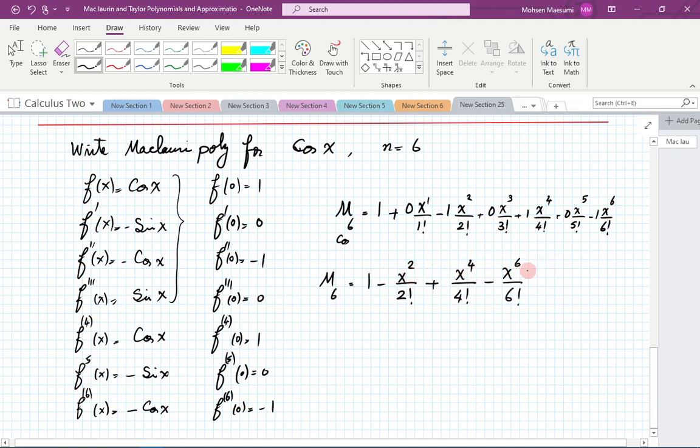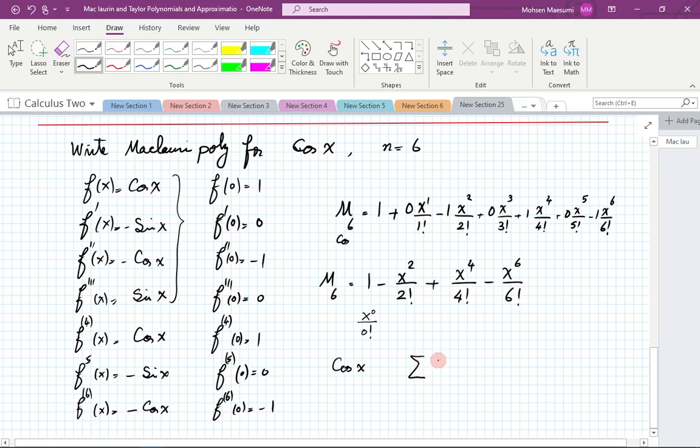Powers of x are all even numbers. Denominators are just factorials of those numbers in the numerator. If you insist, the very first of it can be written as x to power of 0 over 0 factorial. So that would be making everything look like each other. So for a cosine of x, we are developing a series. What does that series look like?